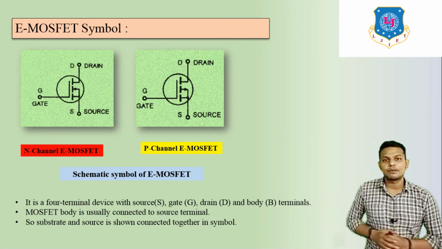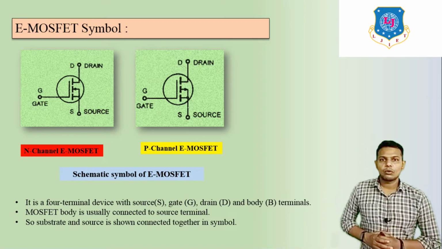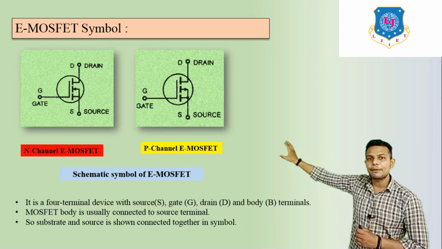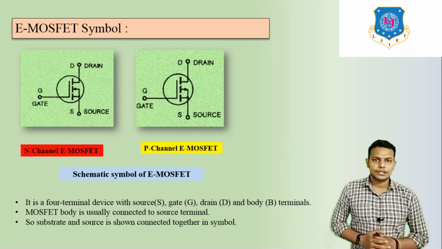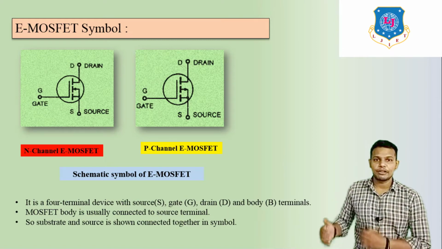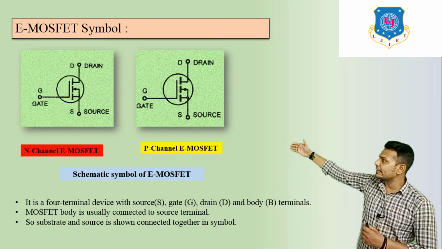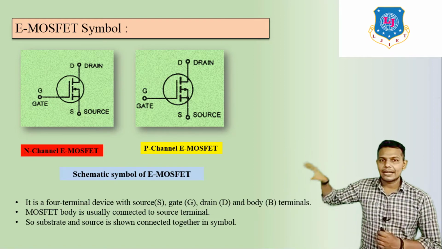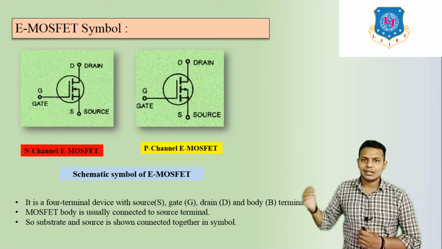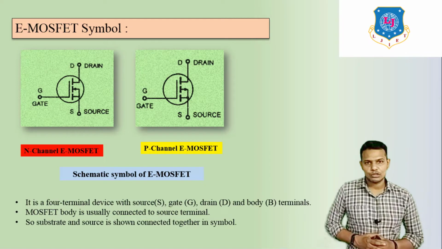So there is a difference between the E-MOSFET and D-MOSFET. This dashed line represents that there is no channel present in the construction. Remaining things are the same: the arrow going inside means N channel, and the arrow coming outside means P channel E-MOSFET.